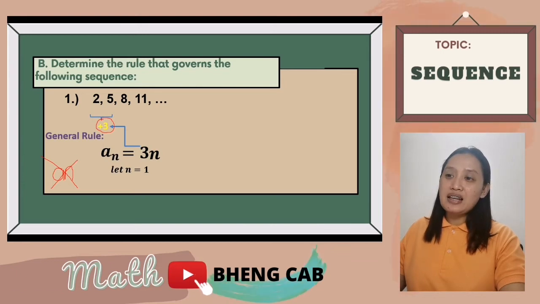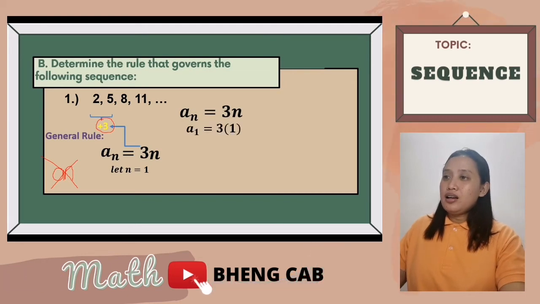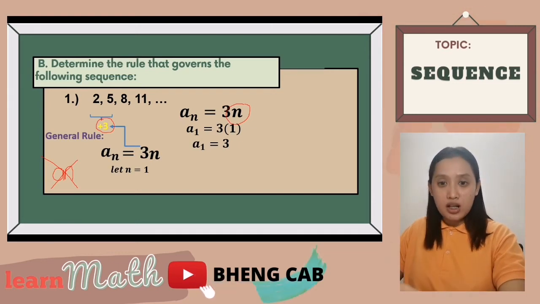So, let n equals to 1. A sub n equals to 3n. N equals to 1, that means to say, ang n natin dito ay 1. Same goes, kapag ang n natin ay 1, papalitan din natin yung value na meron tayo dito. Yung n ay magiging 1 din. So, a sub 1 is equal to 3 times 1, or a sub 1 equals to 3.